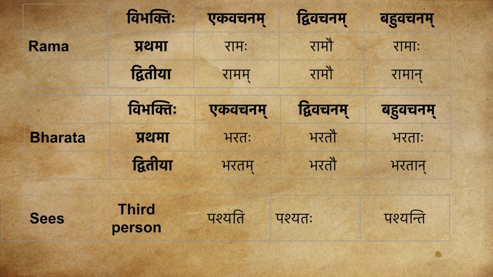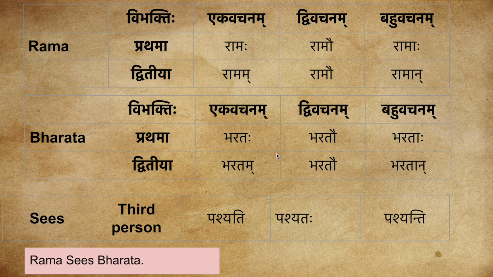To create meaningful sentences, we just need two nouns and a verb. Okay, so we will use the verb see, pashya. Okay, and then we will try and build certain combinations. Okay, so with Rama, Bharata, and Pashya.